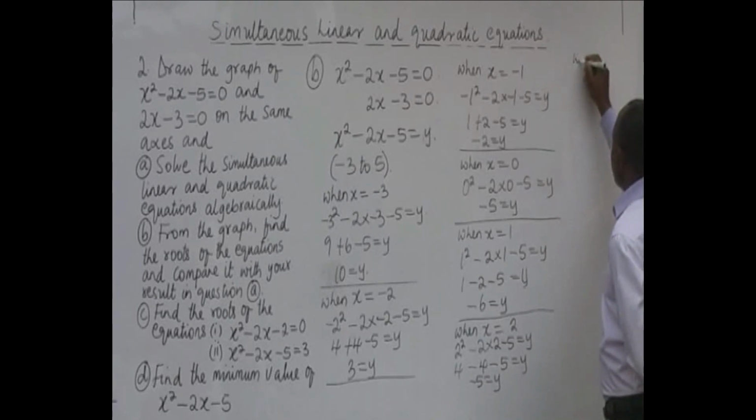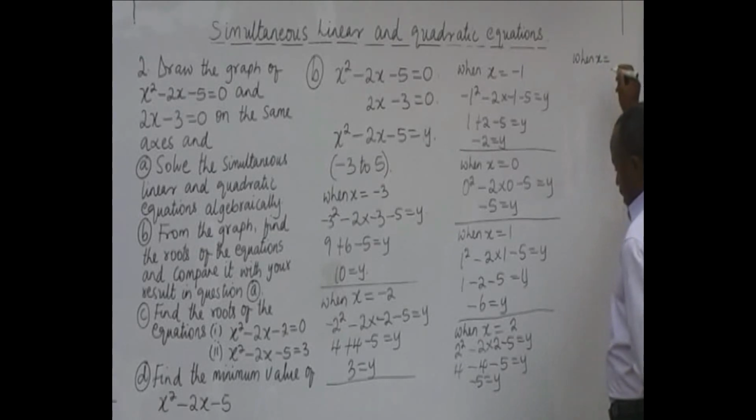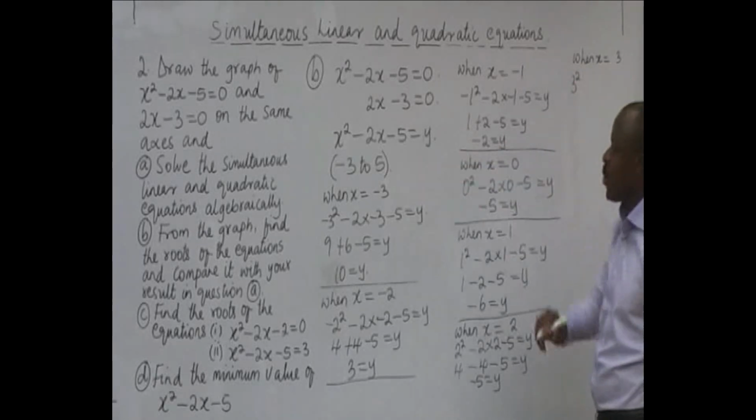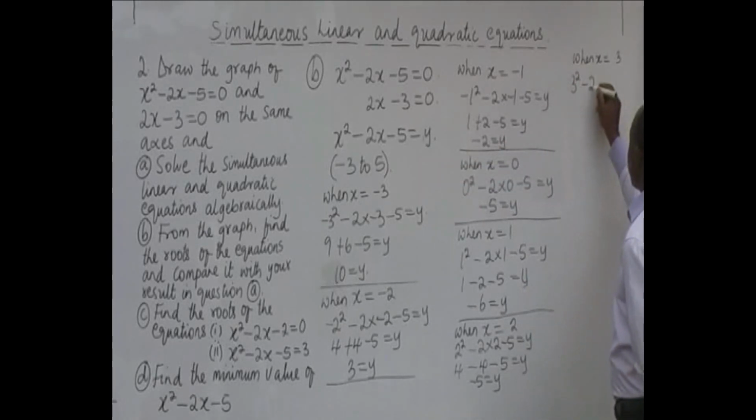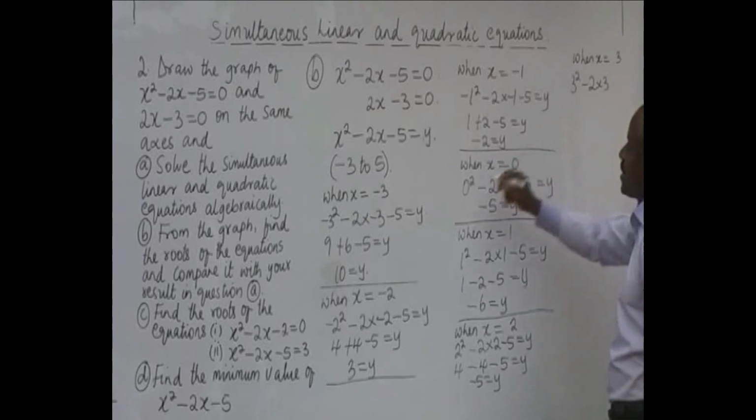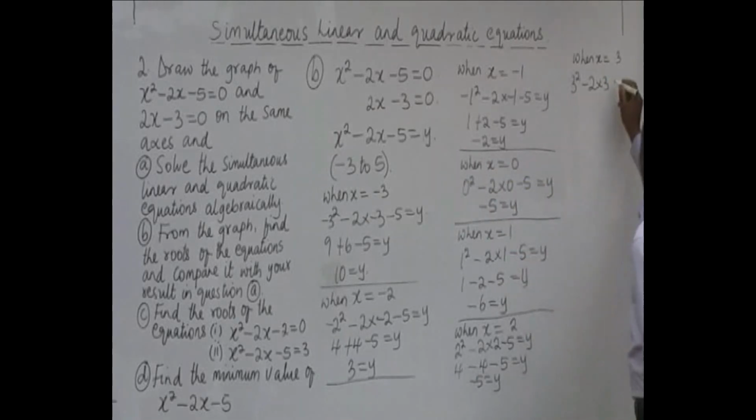The next is when x is 3. You find out that from the equation we have 3 squared replacing x squared, minus 2 times 3 replacing minus 2x, then minus 5 will give us y. 3 squared is 9.